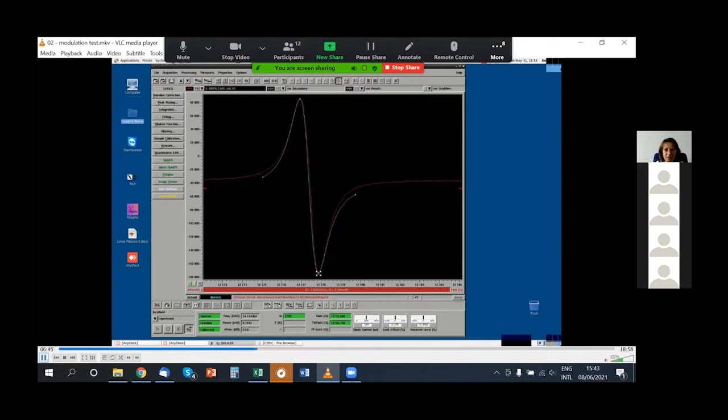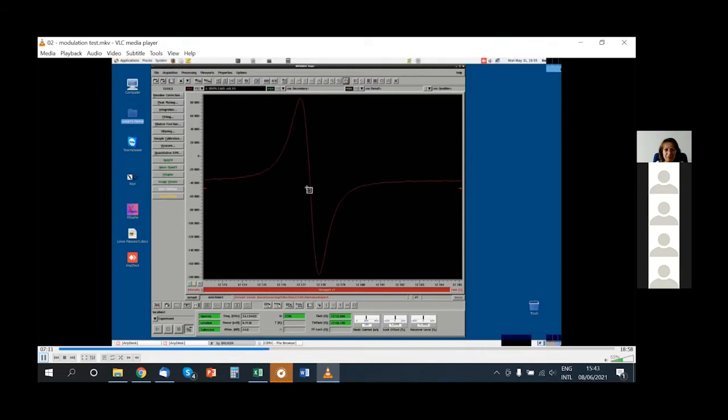This is better, you see. And we check again the line width, the G factor.